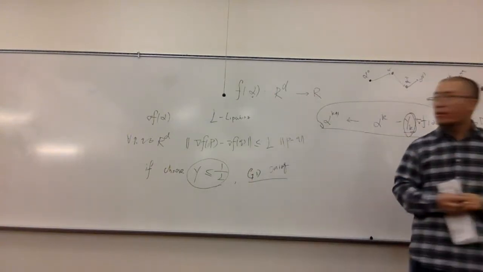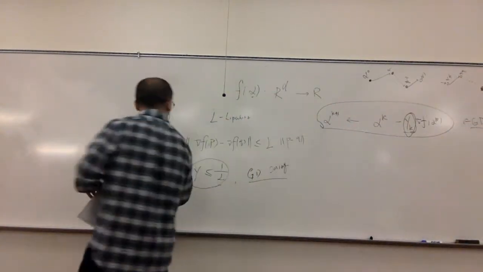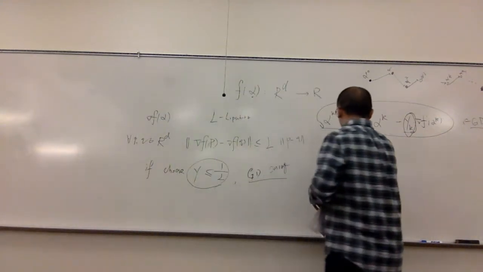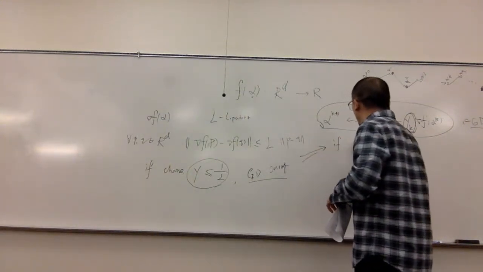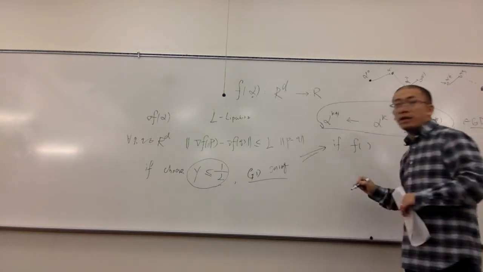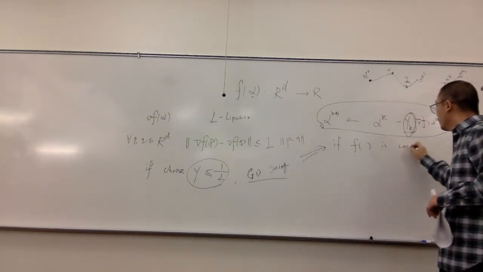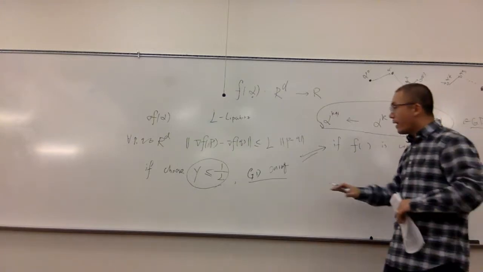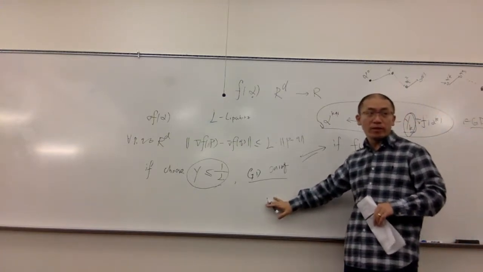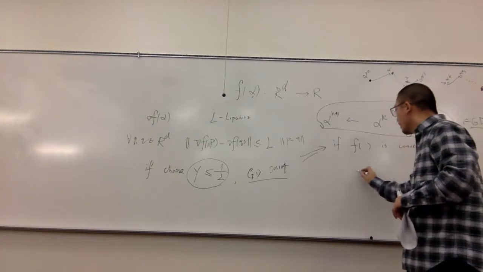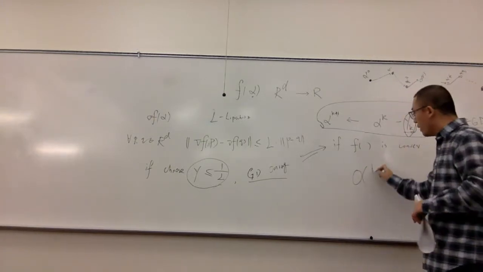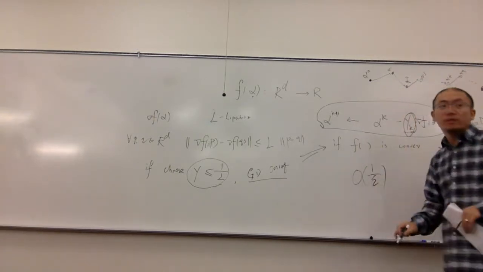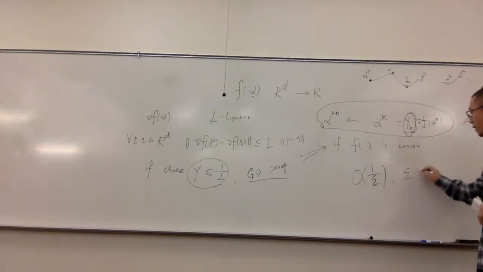And then if further our target function is convex, we can estimate the convergence rate. The convergence rate is big O of 1 over epsilon, where epsilon is some specified error.